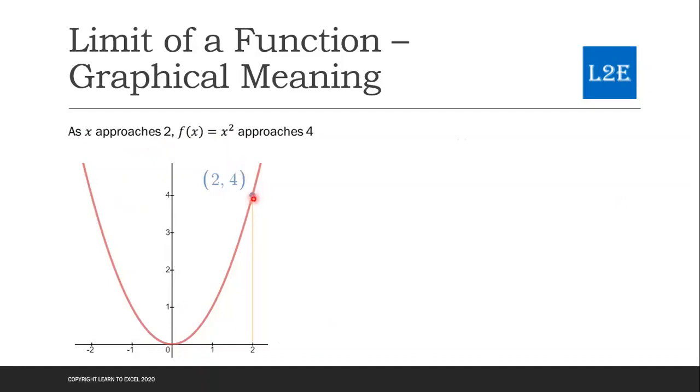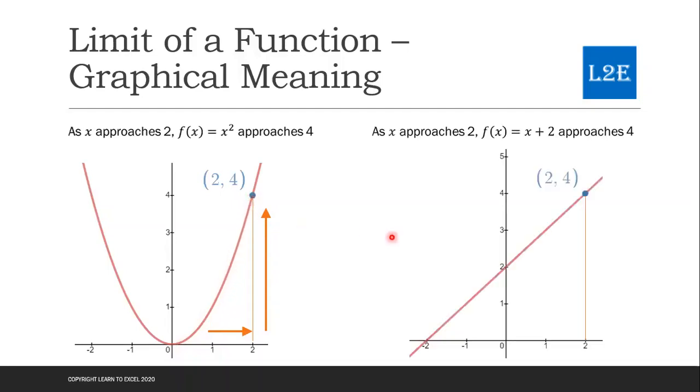I have marked here the point (2, 4), right? From this graph, it's easy to see that as x approaches 2, f of x approaches 4. So the point on the graph would go like this. As x approaches 2, f of x will approach 4.